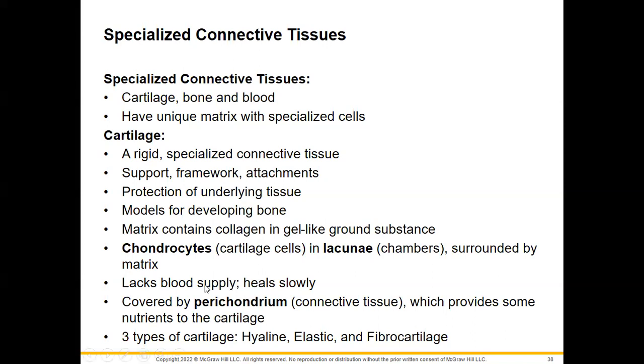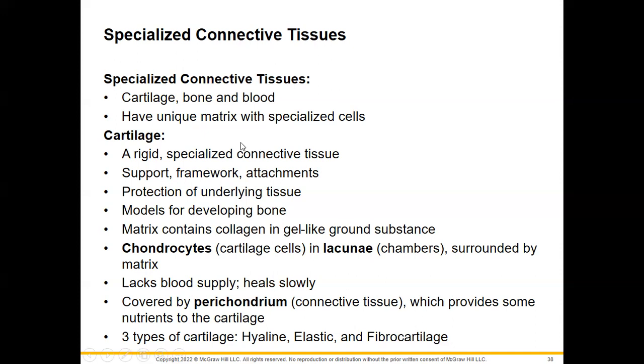In cartilage. So cartilage is going to be like gristle. If you've ever eaten chicken, especially a chicken leg, and you eat all the meat off the bone, and on the ends of it, you have that kind of clear, whitish, solid, but squishy material that we call gristle, that's actually cartilage. So here it talks about cartilage being a rigid, specialized connective tissue.